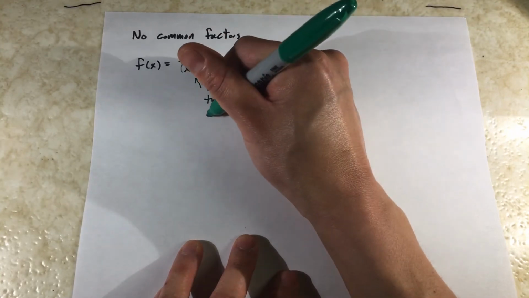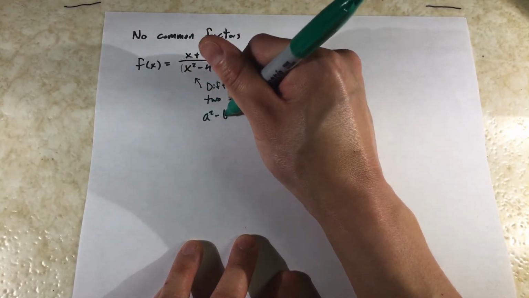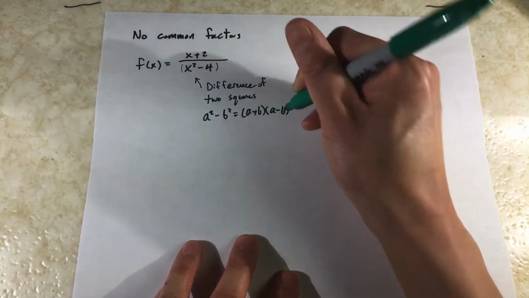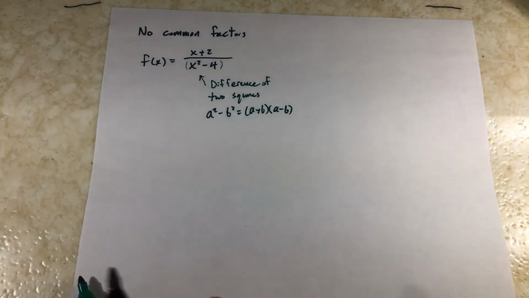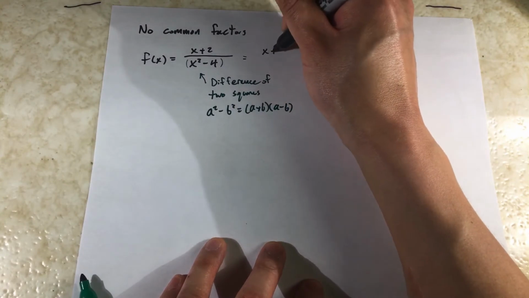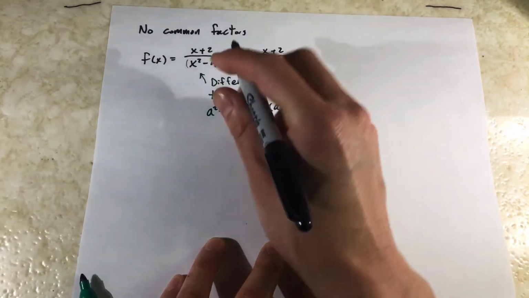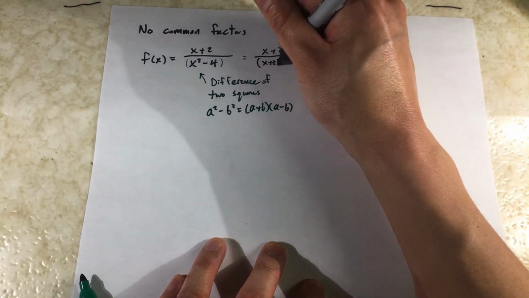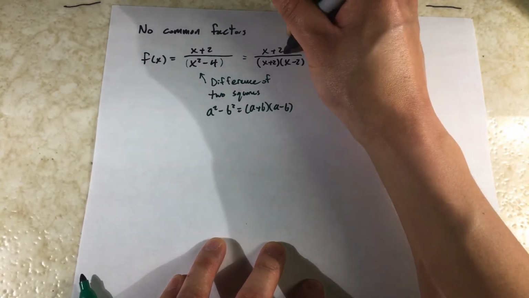This pattern says if you have a squared minus b squared, that's equal to a plus b times a minus b. So we can rewrite this as x plus 2 divided by x squared, and 4 is 2 squared, which is x plus 2, x minus 2.